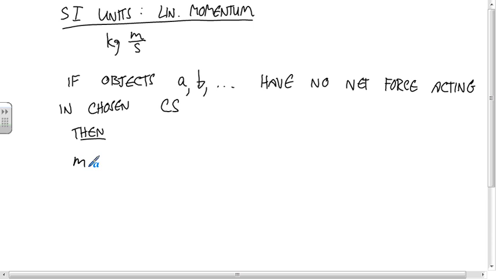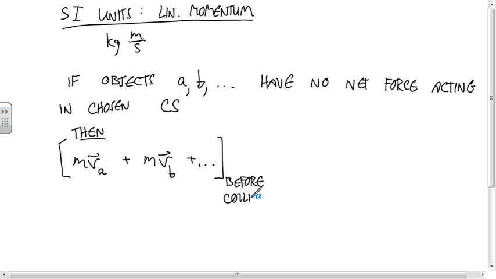You get the mass times the velocity of A before the collision, plus the mass times the velocity vector of B before the collision, and so on. Keep adding them up. This is before the collision. They have to be equal to the sum of all those momentums after the collision.